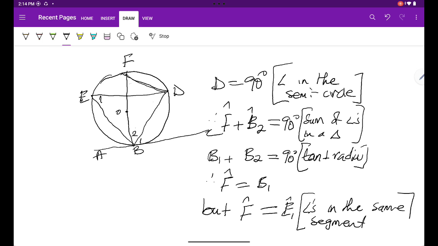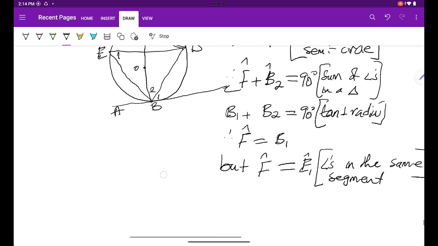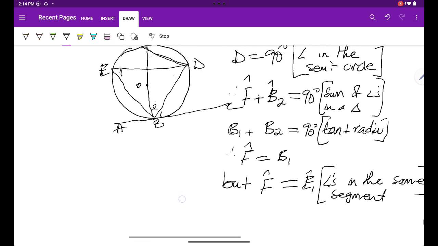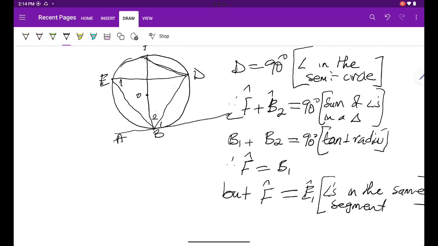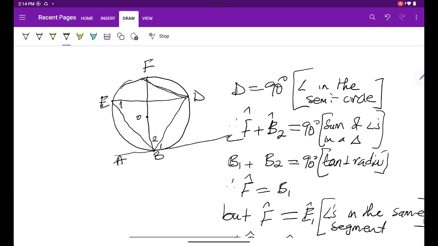Right. Now from here we can conclude, if F equals B1 and F equals E1, it means therefore that B1 equals E1, because they both equal F. So this is another way if we construct it this side.